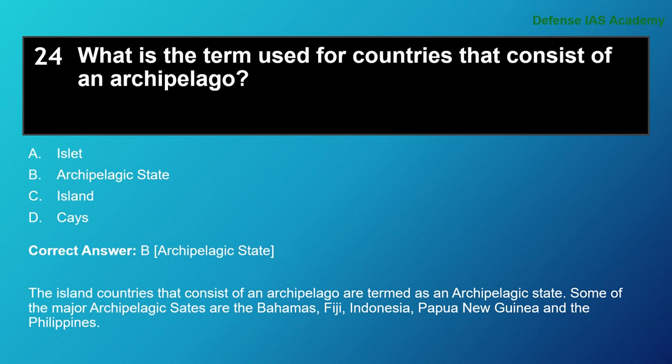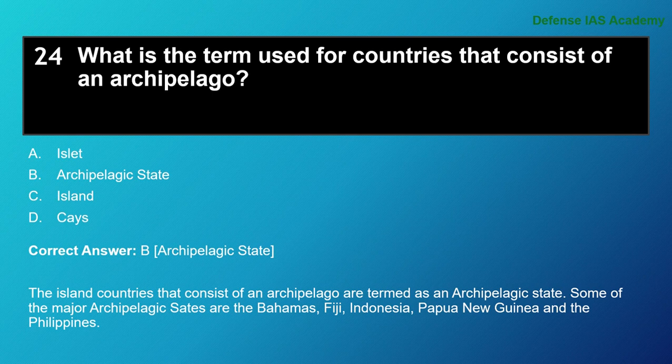Now, what is an archipelago? An archipelago can be explained as an island group, an island chain, or a cluster or collection of islands. Sometimes a sea containing a small number of scattered islands is also called an archipelago.